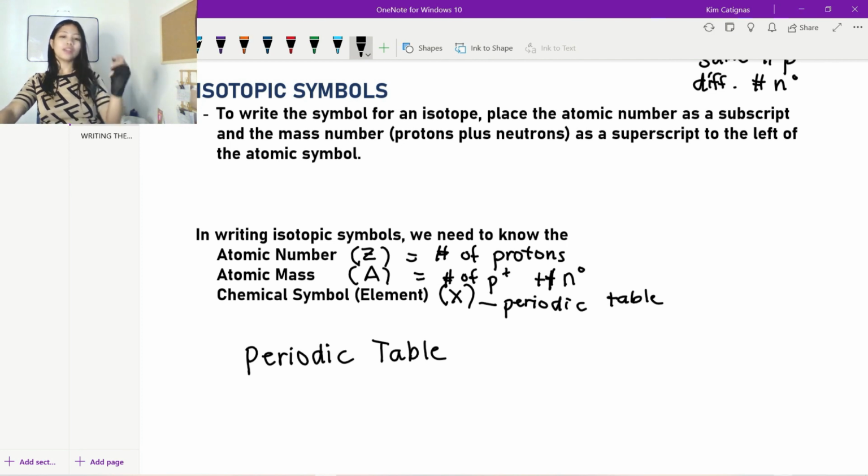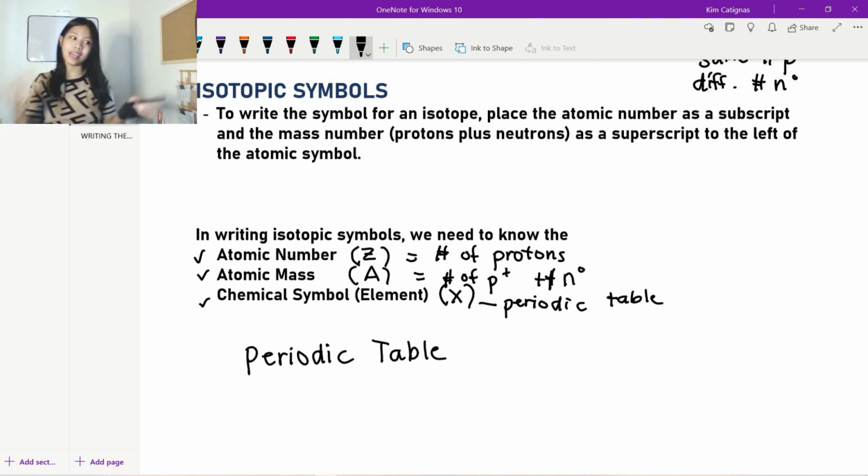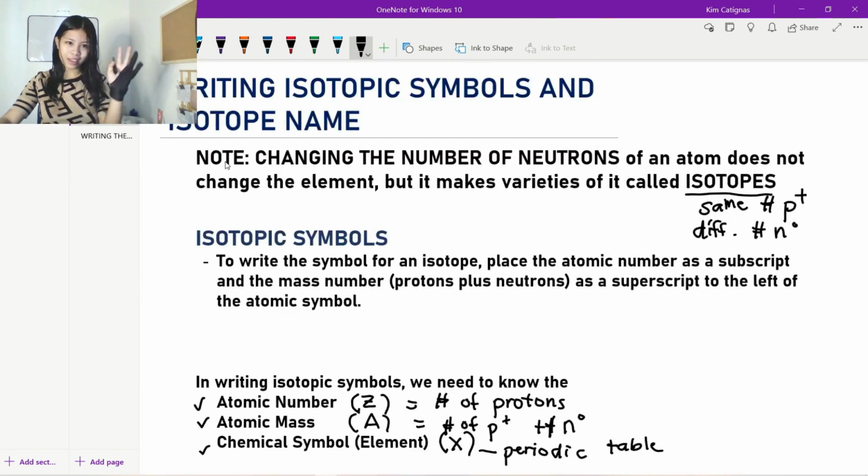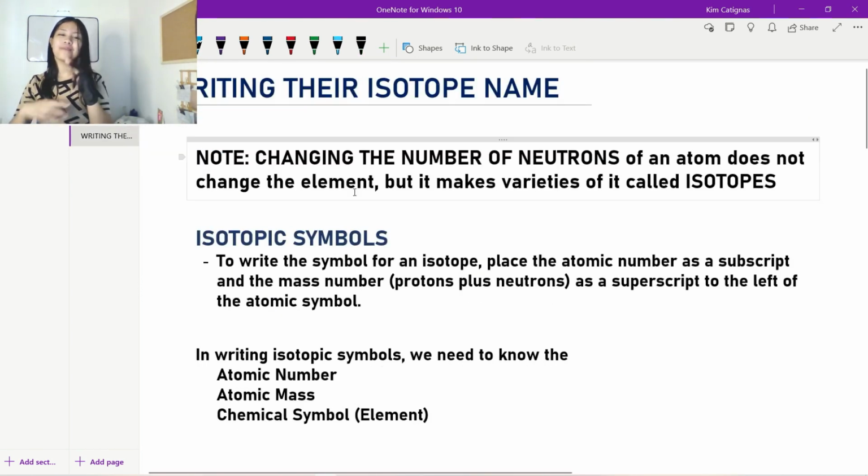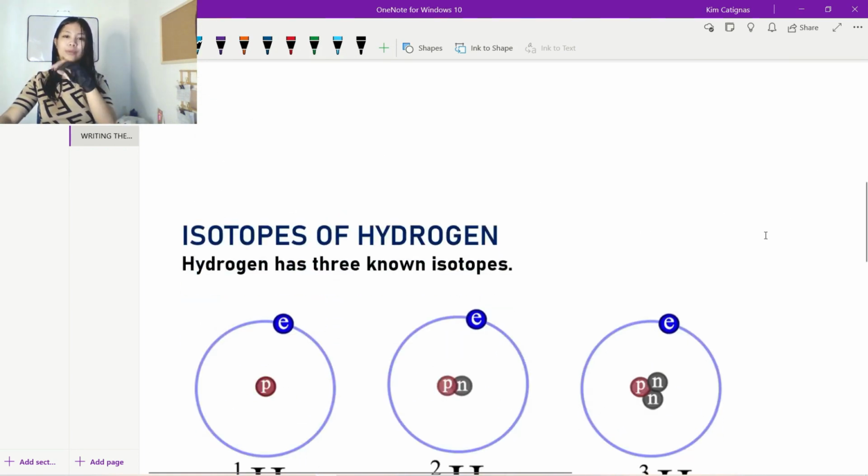Dahil sa periodic table, makikita mo yung atomic number niya, yung atomic mass niya, and makikita mo rin yung chemical symbol niya. So, mapapadali yung paggawa mo ng isotopic symbol. Okay? Magta-try na tayo na mag-write naman ng isotope name niya.